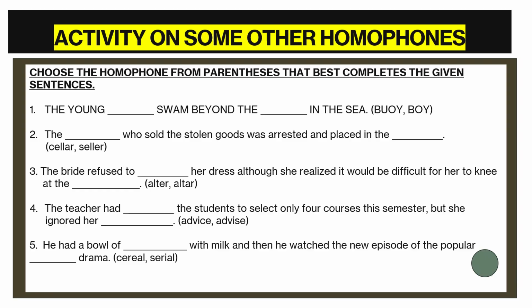He had a bowl of blank with milk, and then he watched the new episode of the popular blank drama. So cereal and cereal. So you decide where each should go. Is it CEREAL or is it SERIAL?